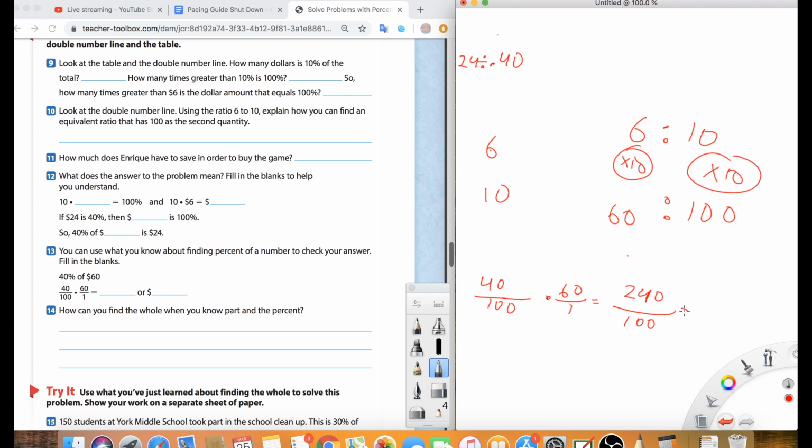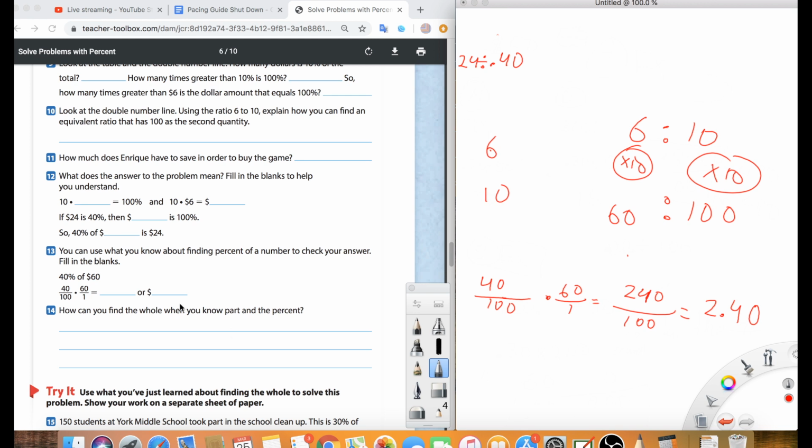When we divide this in the calculator, we get 2.4, or $2.40. That means the problem can equal 240 over 100 or $2.40. That doesn't make any sense. 40% of $60 should be 24, not $2.40.